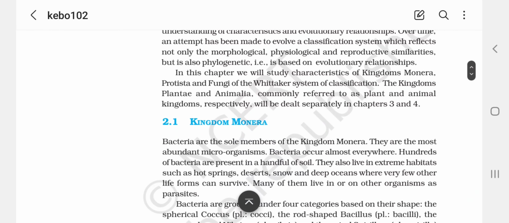In this chapter, we will study characteristics of Kingdom Monera, Protista, and Fungi of the Whittaker system of classification. The kingdoms Plantae and Animalia, commonly referred to as plant and animal kingdoms respectively, will be dealt with separately in chapters 3 and 4.